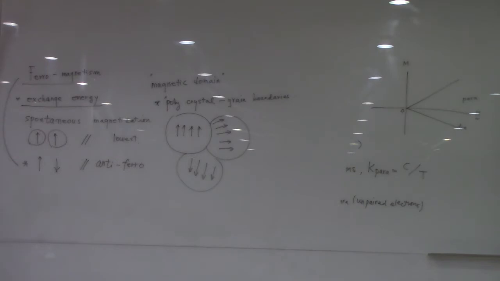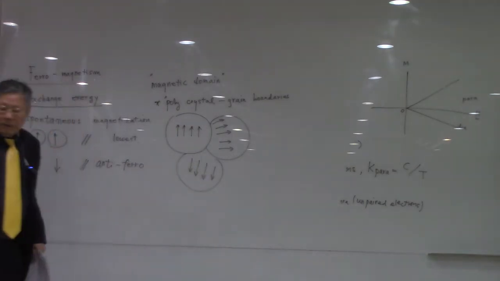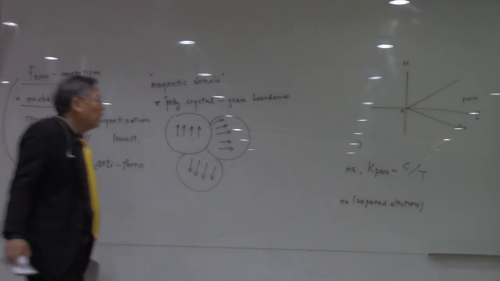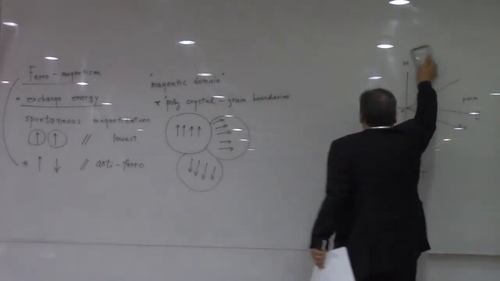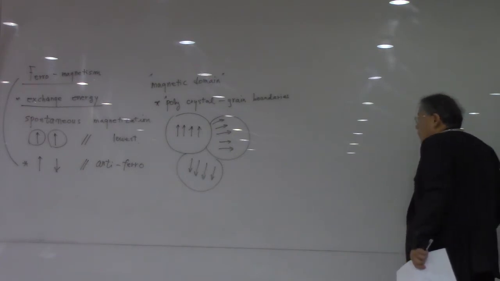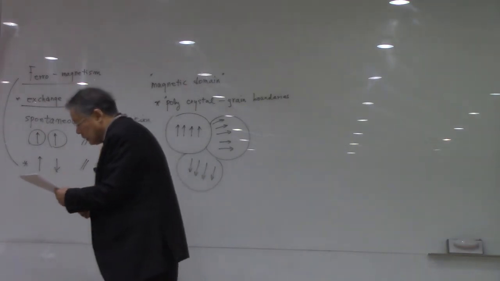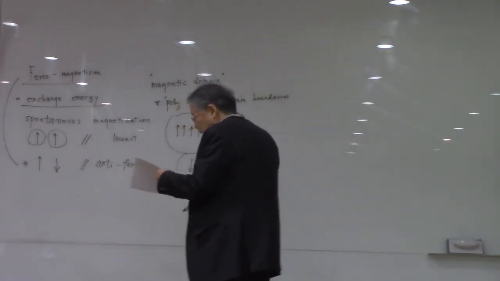It's just the same concept. And we are going to talk about this in the final class on the 11th, next Monday, okay? So here, let me just explain the ferromagnetism of the materials.